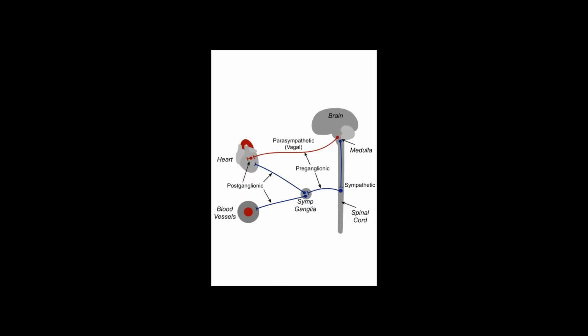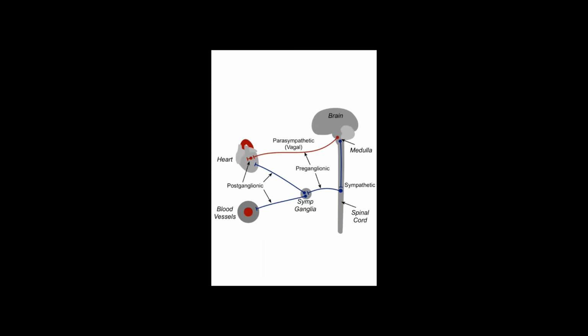Next, the nerve supply of the heart. The heart is supplied by autonomic nerve fibers. Parasympathetic fibers are derived from both vagus nerves, and sympathetic fibers are derived from sympathetic trunks. Both these fibers form a network called the cardiac plexus.